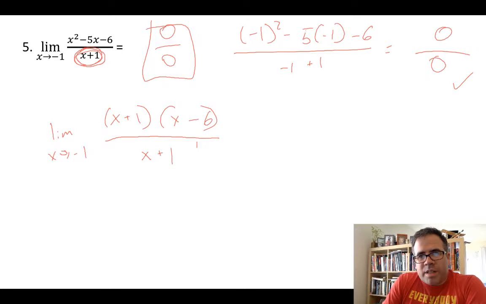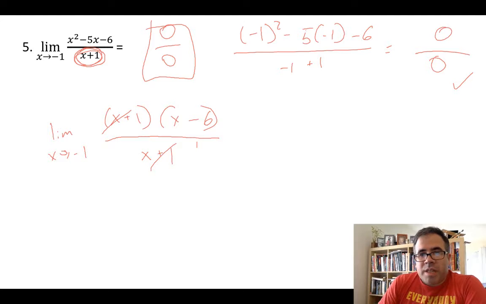They're not going to set it up. There actually isn't a way to set up where you get an indeterminate form and it doesn't share a factor. So if you need help factoring, know that when you have a situation like this it probably has a factor of x plus 1. And that allows you to figure out what the other one is pretty quickly.